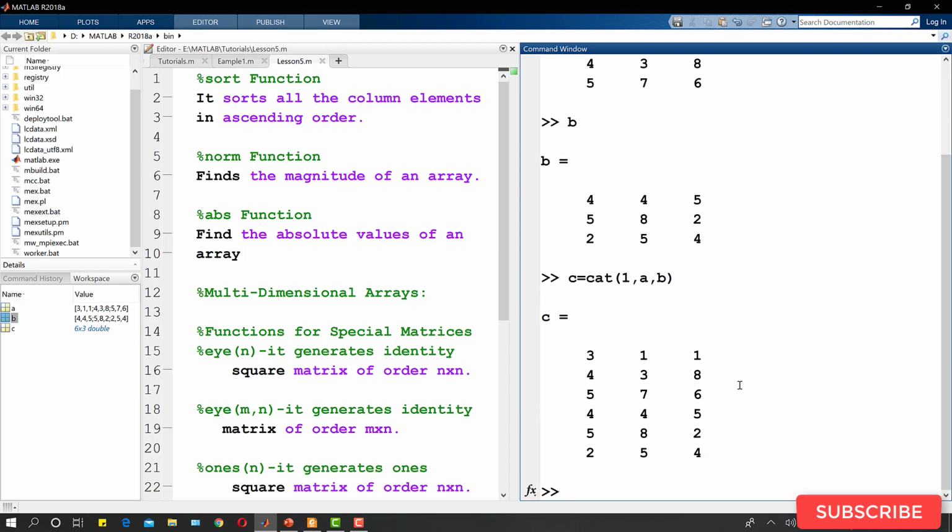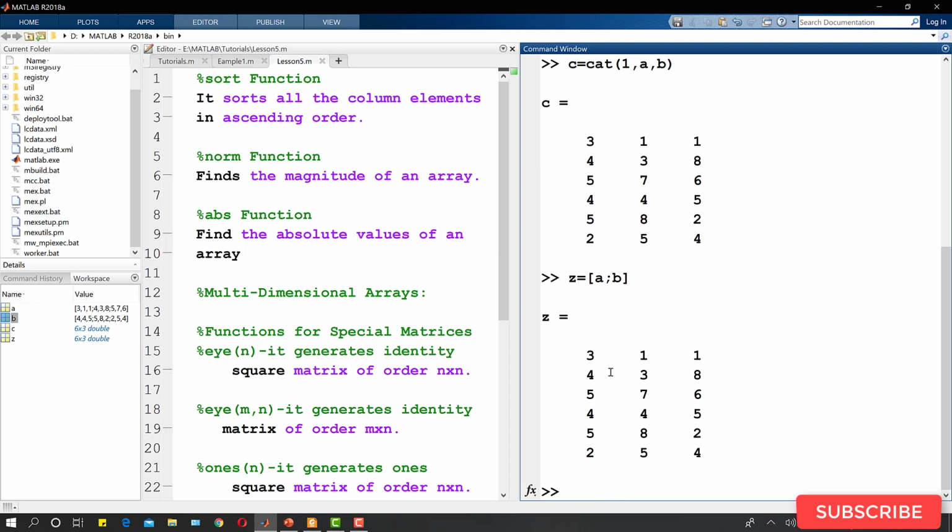So what is the result? It has placed the B matrix below the A matrix. Instead of this instruction, if we wrote Z is equal to A semicolon B, these two instructions will have the same result.